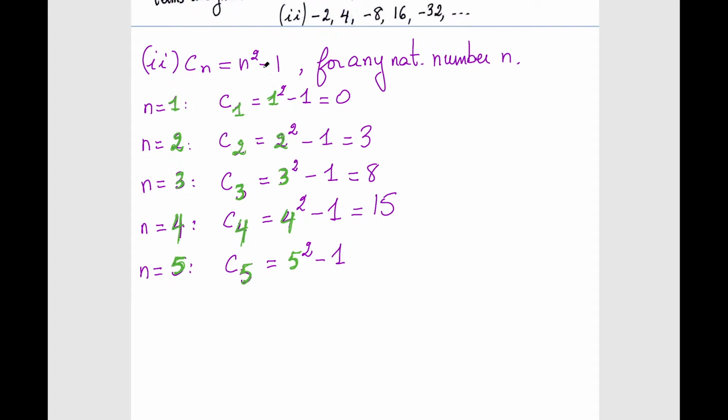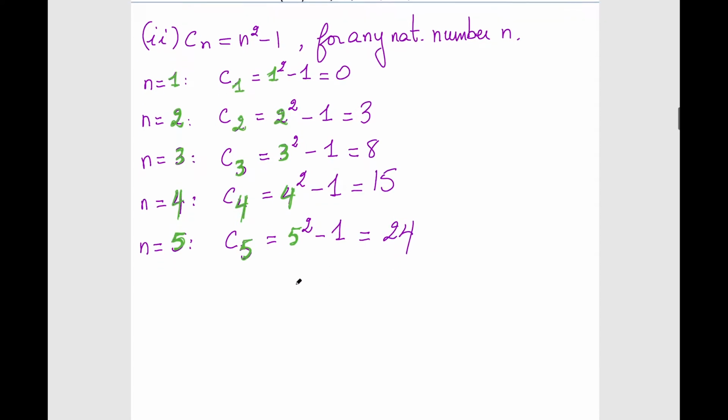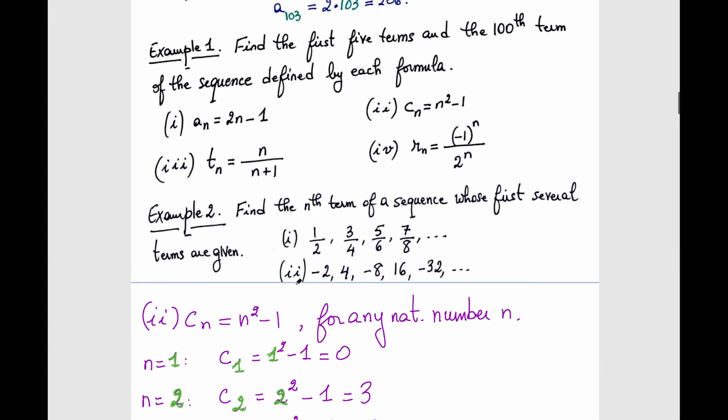Why minus 1? Because that's the recipe. And what's 5 squared? 25. 25 minus 1 is 24. Alright, and I think we answered this part of the question, the first 5 terms.